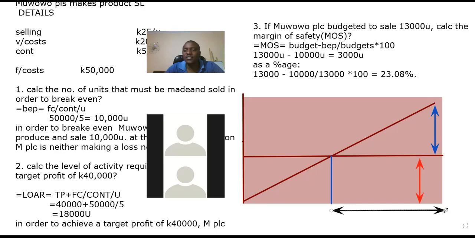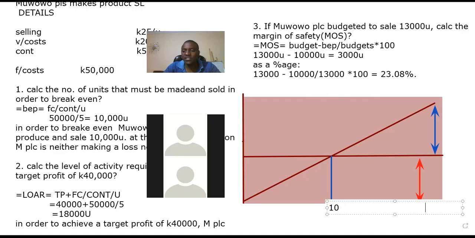Let's say, how many units did we produce? Let's say the break-even units were 10,000 units, and let's say the budget was to make maybe 20,000.